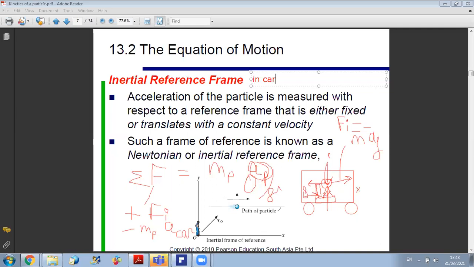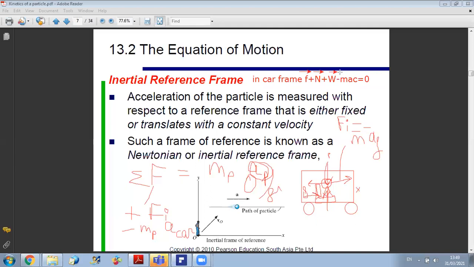So in the car frame, I will have F, which is, let's say, the friction between the occupant and the chair, plus the normal reaction, plus the weight. Don't forget the inertia force, so minus m times the acceleration of the car equals, we said that the person is fixed relative to the car, so 0.